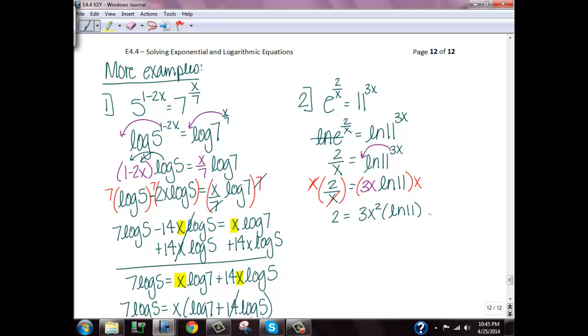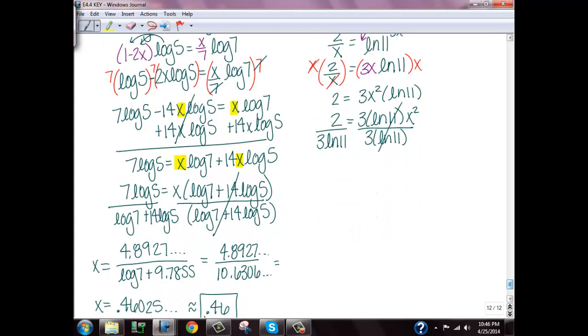Okay, so I'm going to go ahead and work this out. Now, when I have all these things being multiplied together, I can reorder the way it's written. So I'm just going to write the 3 and the ln of 11 at the beginning, so it's easier to see that I can just divide off that piece that I don't need. Okay, if I divide off 3 ln 11 on one side, I have to divide off 3 ln 11 on the other side.